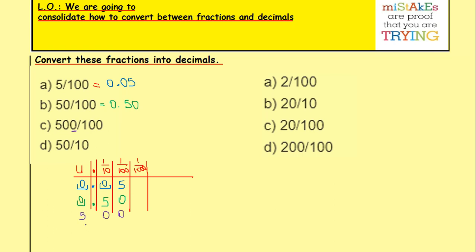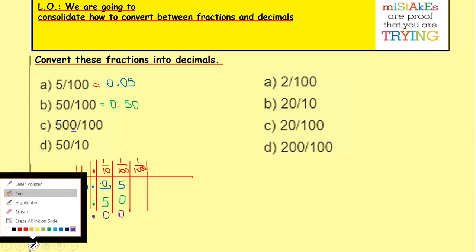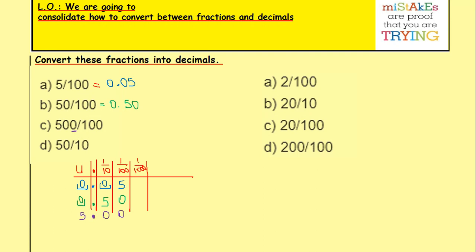What I still need to do is put my decimal point. Okay, so my answer, as you can see, is going to be 5.00. Now, I'm sure many of you would like to write again just a simple 5, but this time they didn't ask us to round to the nearest whole number, so I still write down 5.00.